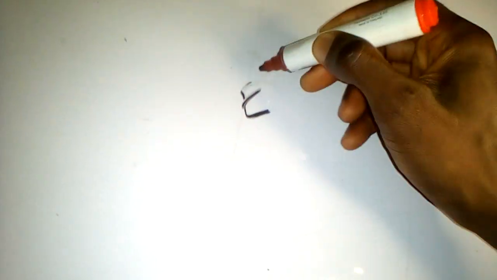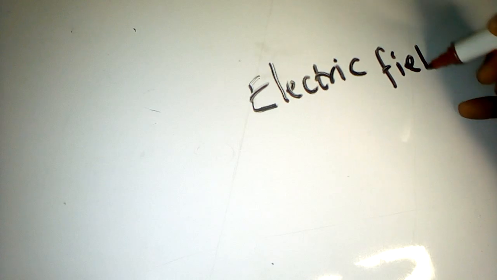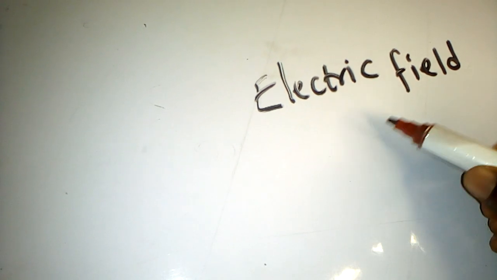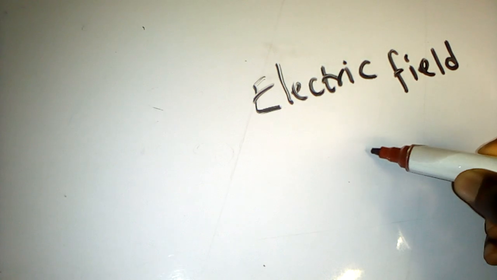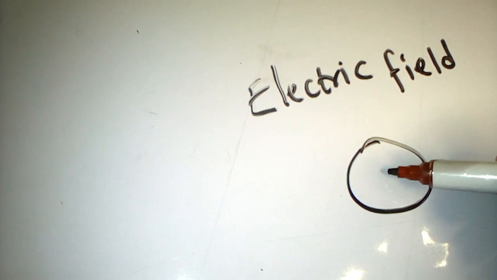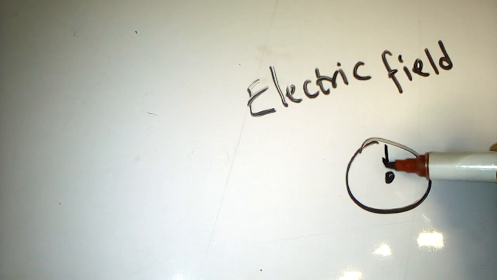But let's quickly look at electric field first today. When we say electric field, what does it mean? Let's take for instance the earth crust. If the earth is represented with a circle, at the center of the earth there exists a gravitational force that attracts everybody towards the center.